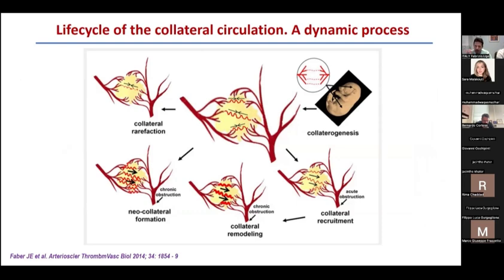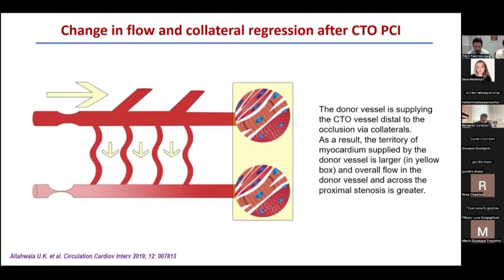We can find an increase or decrease in the diameter of collateral branches. We have neocollateral formation, the angiogenesis, but we can also have collateral rarefaction, for example, after a successful PCI of a CTO.